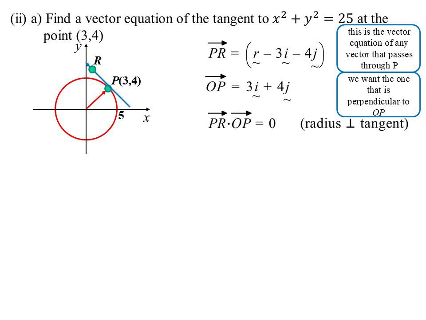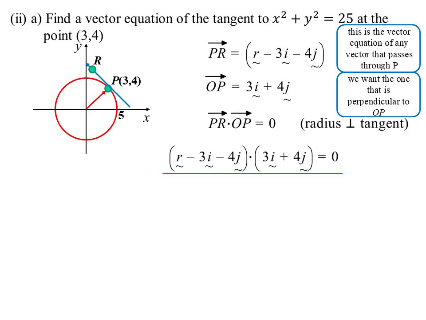I know those vectors have to be perpendicular, radius perpendicular to tangent, and so now I could say, well, hang on, there's the equation of a line. It's still a vector equation, written in terms of vectors, not the format that we're used to seeing, but there it is. (r minus 3i minus 4j) dot (3i plus 4j) is equal to 0.